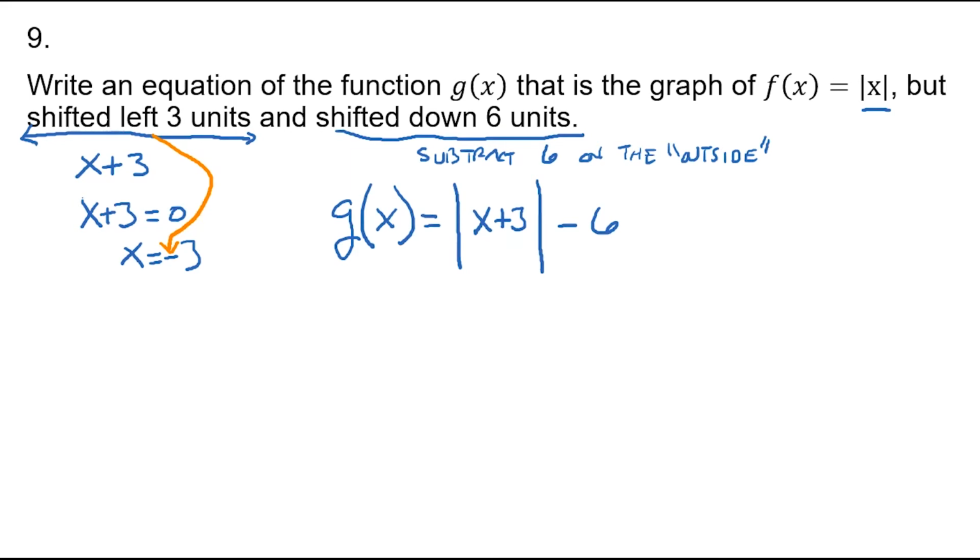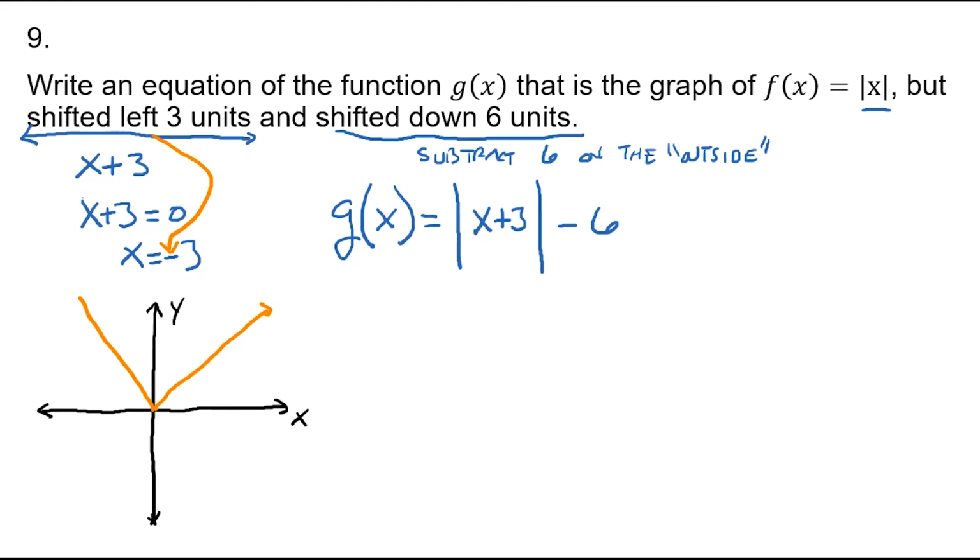All right, so let's try to look at this from a graphical perspective. If I take my original function, which is f of x equal to the absolute value of x, that looks like this. Whenever there's an absolute value in your function, graphically it's going to have this V type shape.